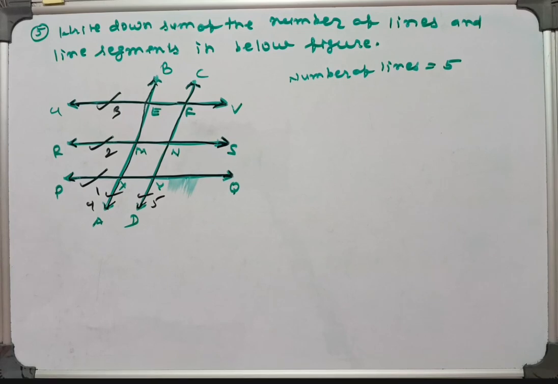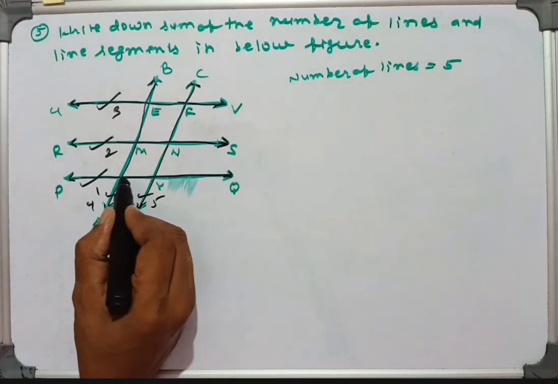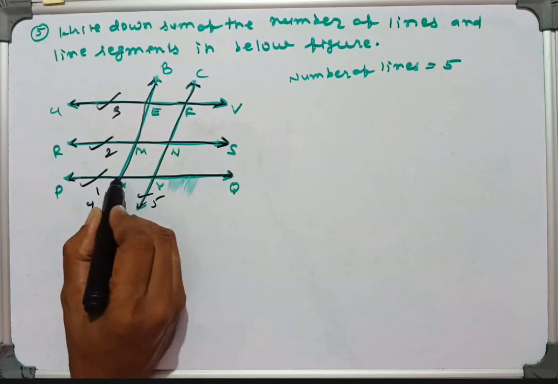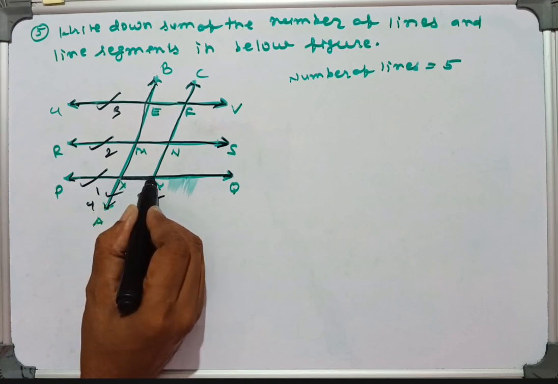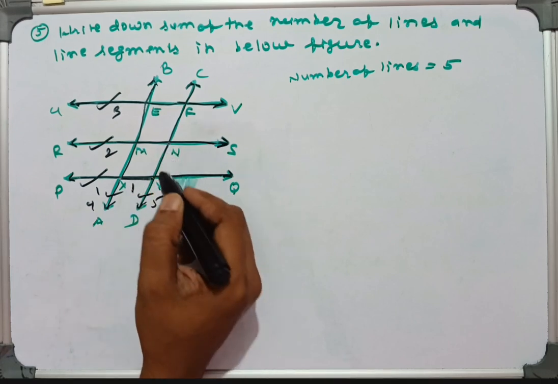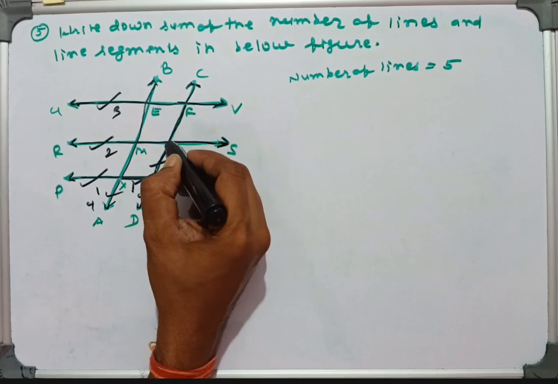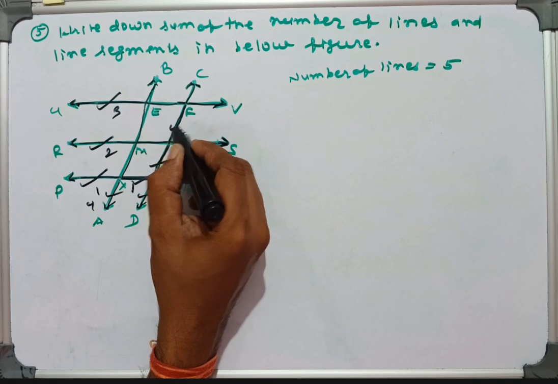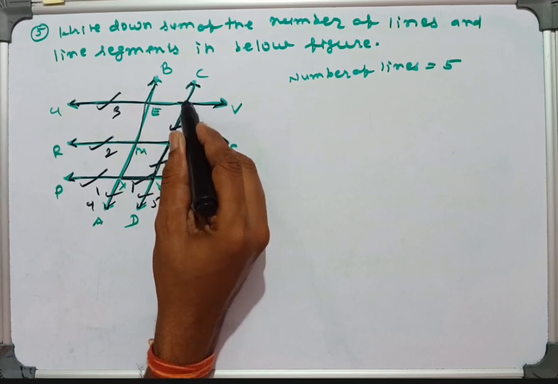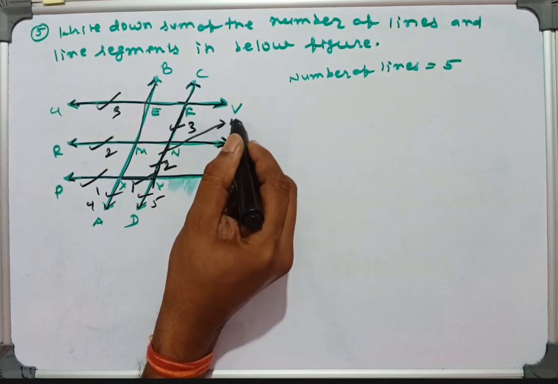Then next question, how many line segments are in this figure? Okay, we count this one by one. Now start from here. See, this XY is an example of a line segment, first one. NY is an example of a line segment, second one. Now FN is an example of a line segment, third one, and FY is an example of a line segment, fourth one.